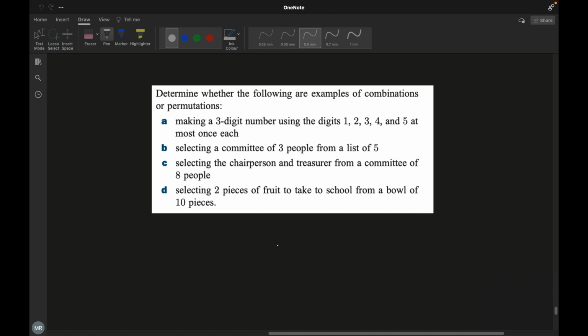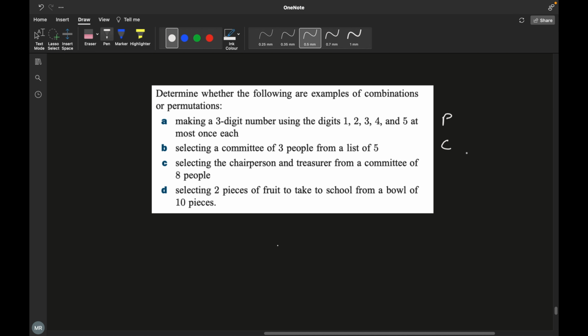This is permutation, because in this the order matters, because 1, 2, 3 is not the same as 2, 1, 3, and therefore this would be permutation. Selecting a committee of 3 from a list of 5. This is combination, because the order does not matter.